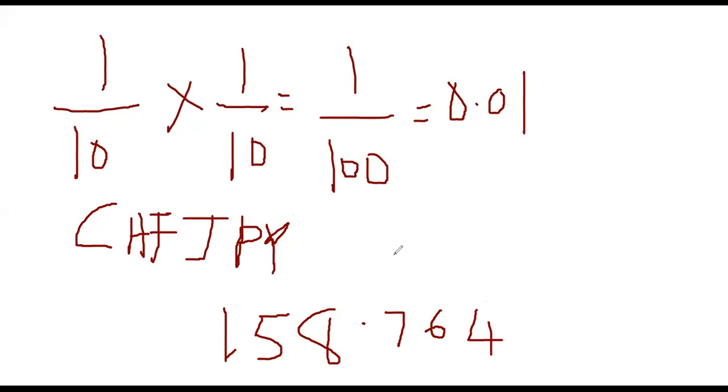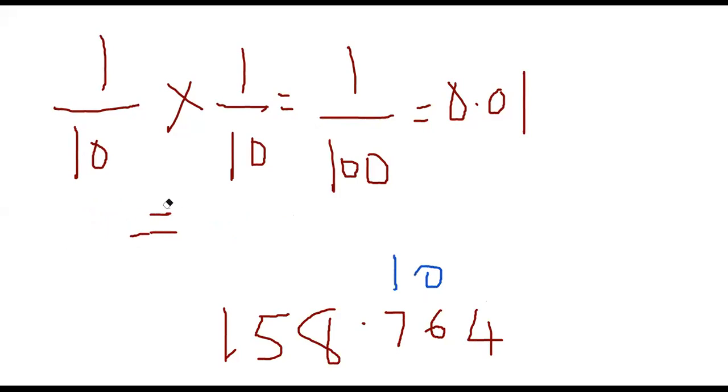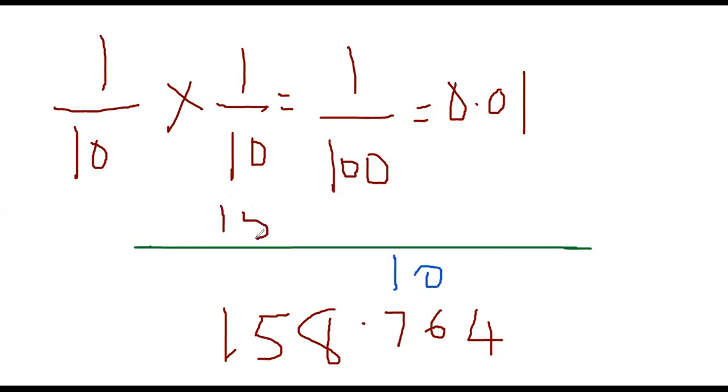Your 10 pips will come around the 1 and 0. Your mathematics will eventually give you 158.864.